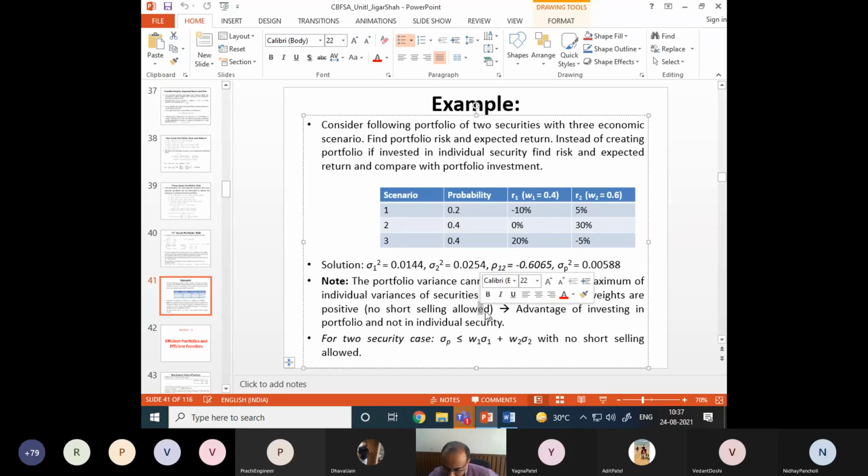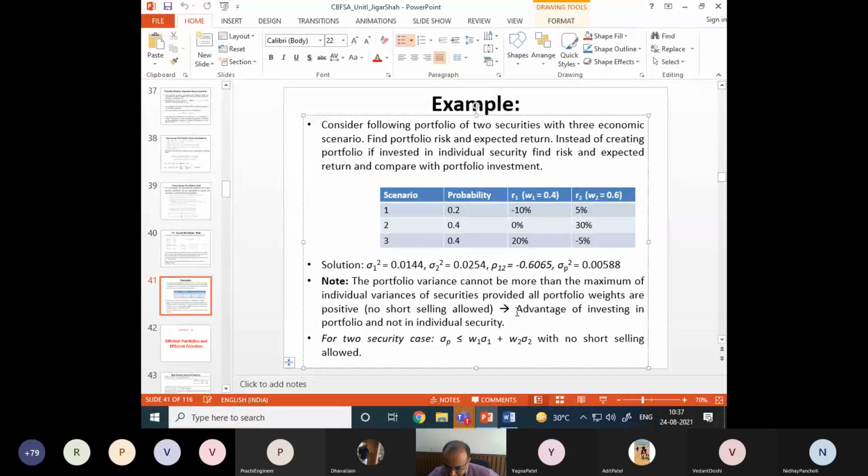So under this condition, we have these securities in our portfolio. We have them in a long position, not in a short position. We have bought these securities. In that case, even if the individual securities have a risk, the overall risk of the portfolio is less than it; at least it can be equal to any individual security, but cannot be more than the maximum of any individual variance of the securities.